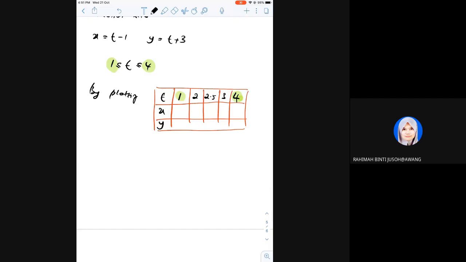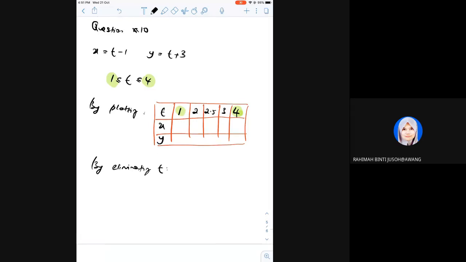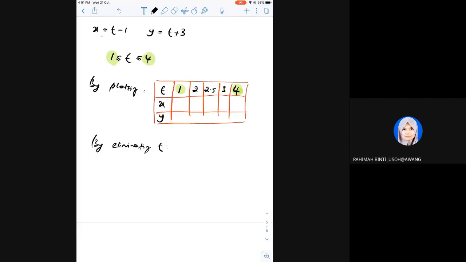We go to by eliminating T. Again, you can take from Y or from X. Let's say from Y, we just rearrange. From Y, we have Y equals to T plus 3, therefore T equals to Y minus 3.